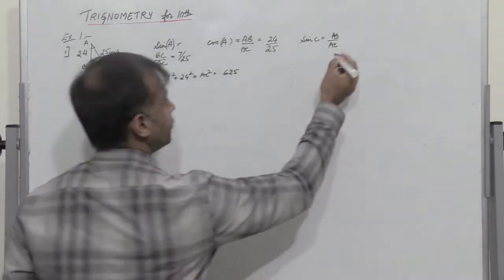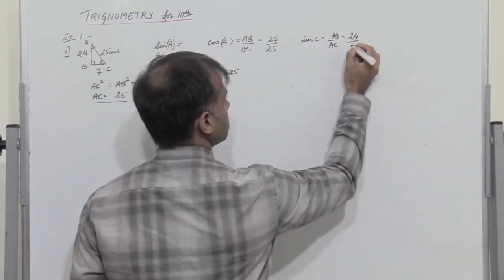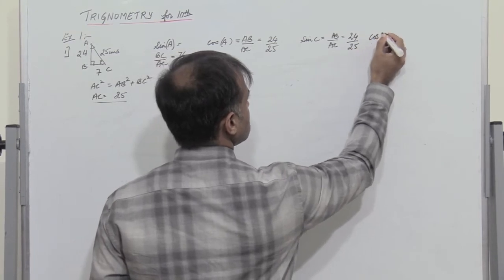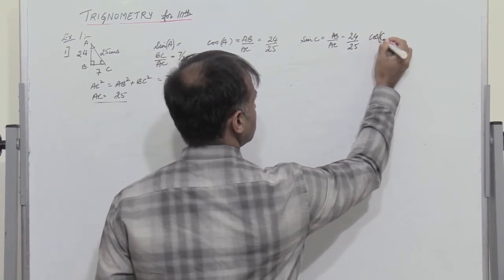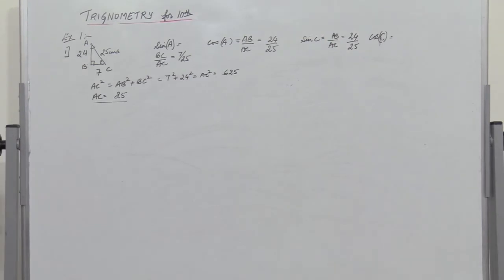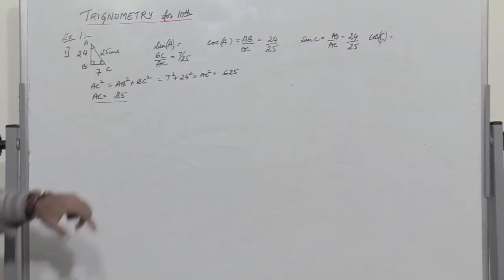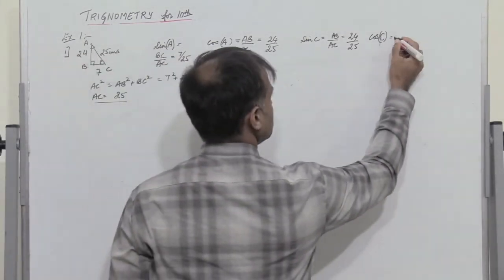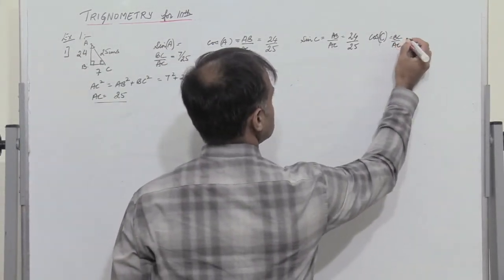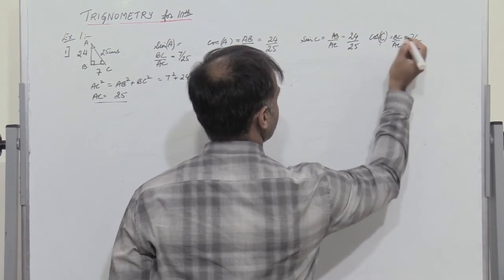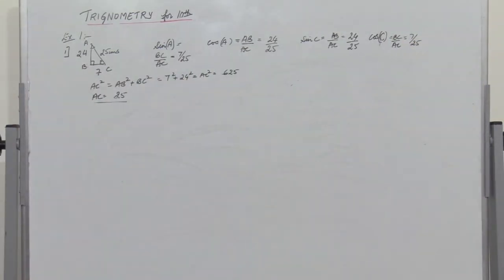So we have 24 by 25. And we also need to find cos C. The side adjacent to C is BC, so it is BC by AC, which is 7 by 25. Right? So these are the values which we have calculated.